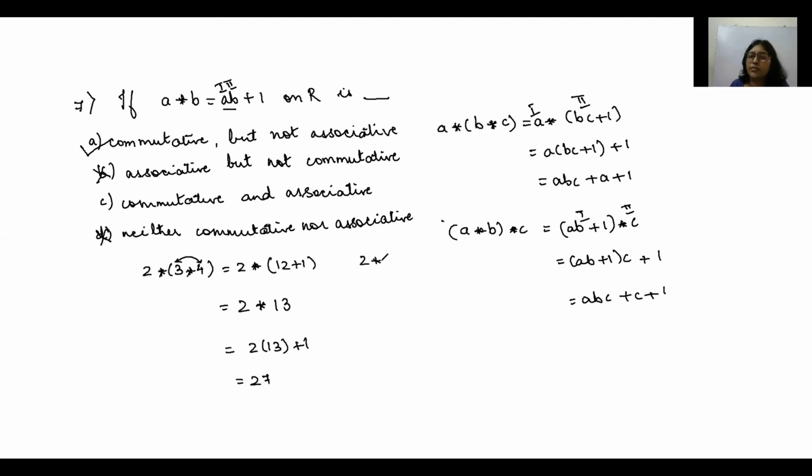Now shift the bracket. Do the same: first number into second number, 6 plus 1, that's how it is defined, 7 into 4 plus 1, 28 plus 1, 29. So yes, it is not associative. You can go with numbers, these being objective questions. So here are two questions for you to solve.